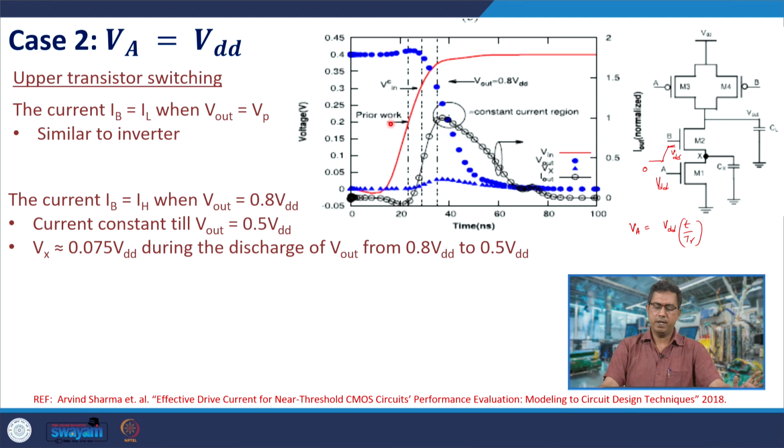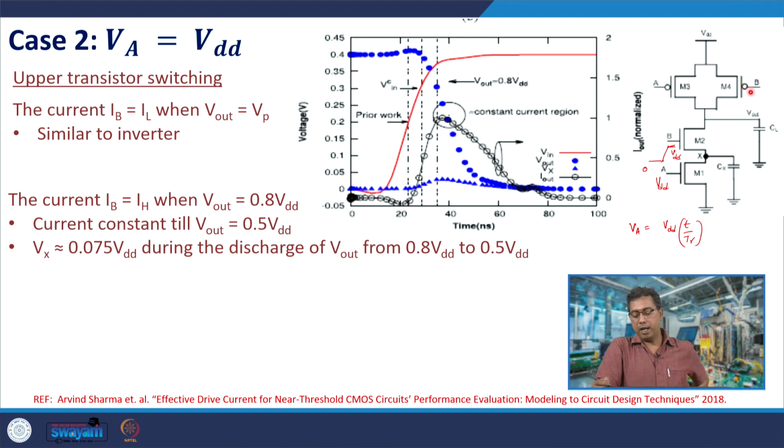This V in C, the input voltage value when the output begins to discharge, would be the same as that of the inverter, because node X is nearly at 0 volts, and therefore M2 behaves just like the pull down transistor of an inverter.